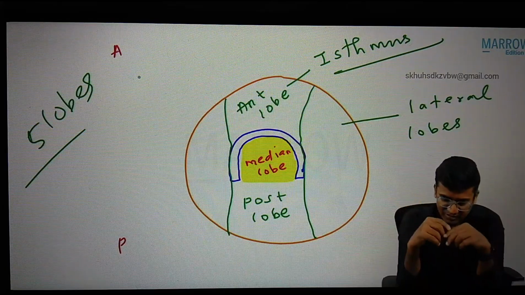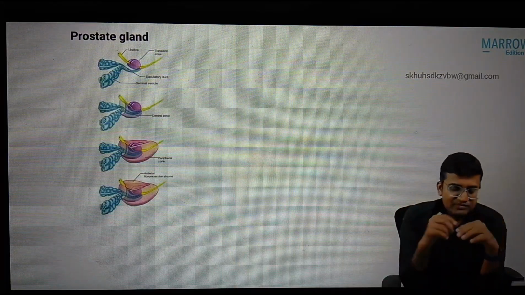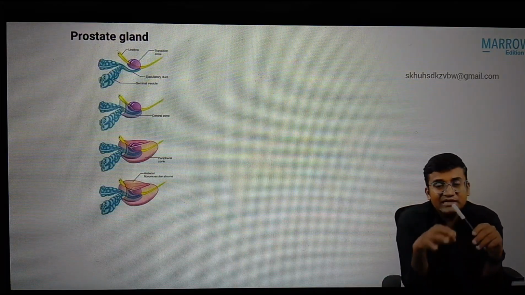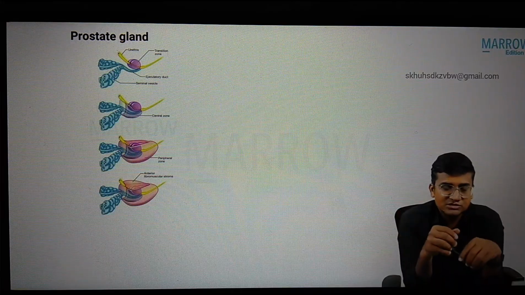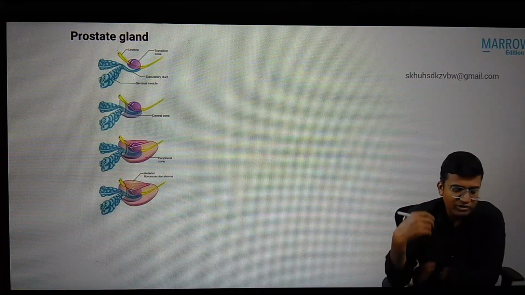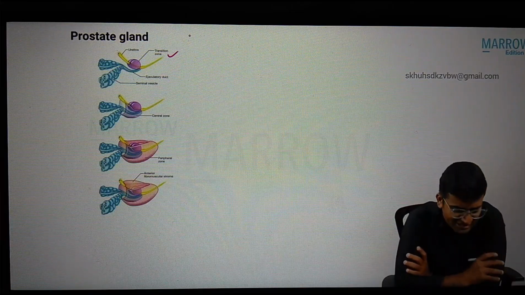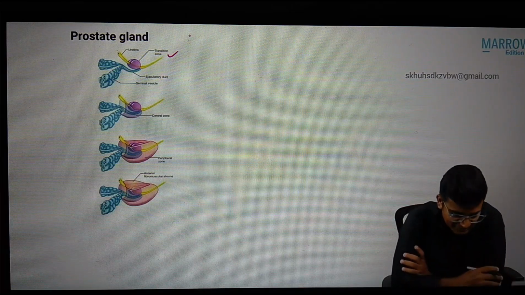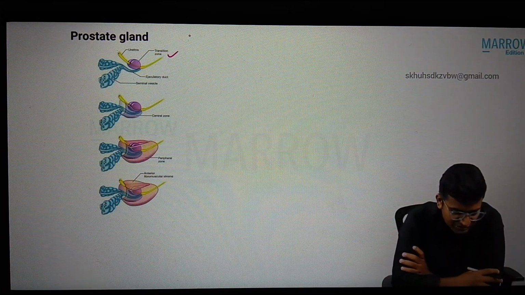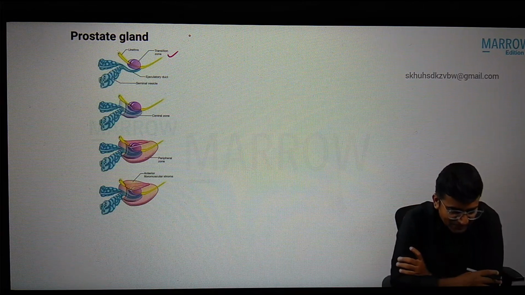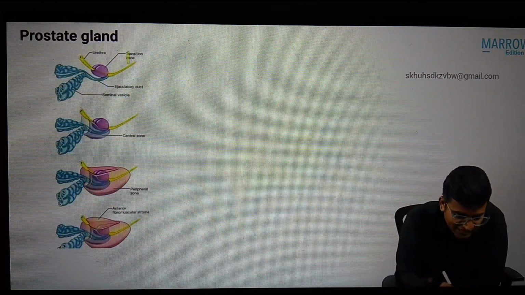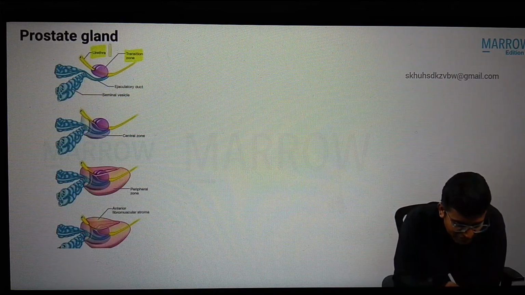But recently, the prostate gland is described in terms of zones. So how are we going to describe the zones? Number 1, transition zone. Now see the diagram. We're going to zoom this diagram so that you can see the zones clearly. This is the urethra.